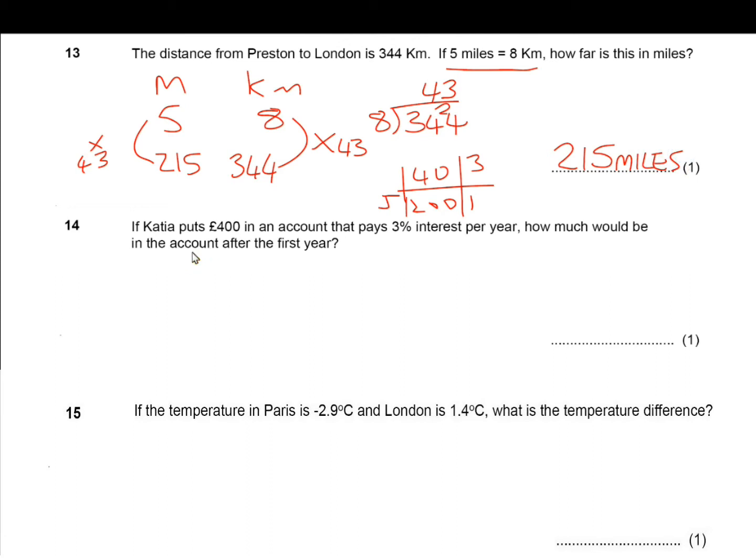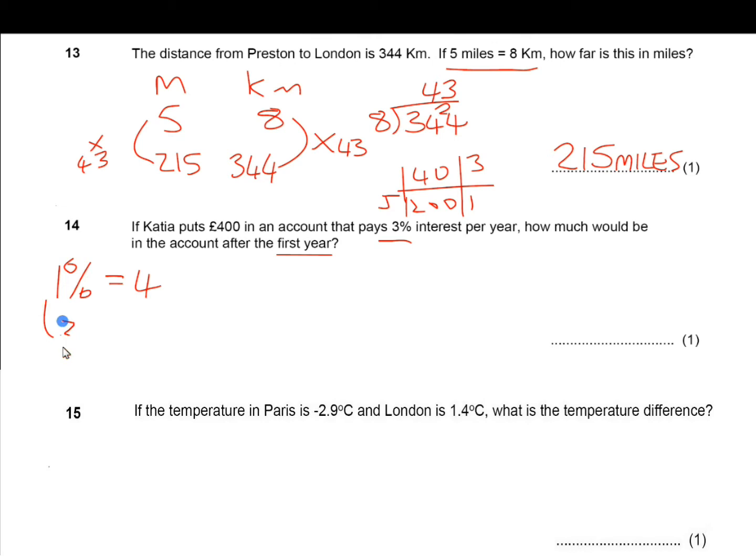Question 14. If Gartier puts £400 into an account that pays 3% interest per year, how much would be in the account after the first year? So after 1 year, how much do we have? So we're doing a manual calculation of percentages, so we can use our 10% rule or our 1% rule. So 1% equals £4 because we divide 400 by 100.